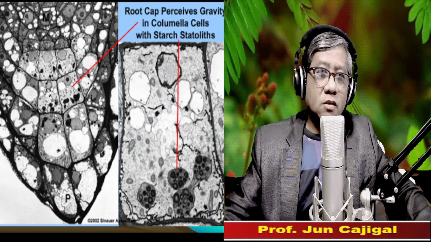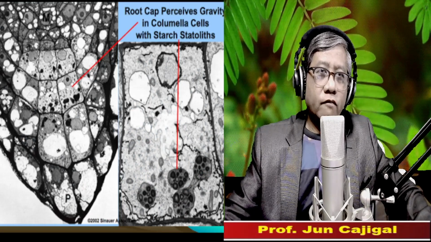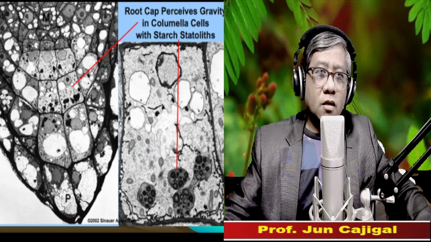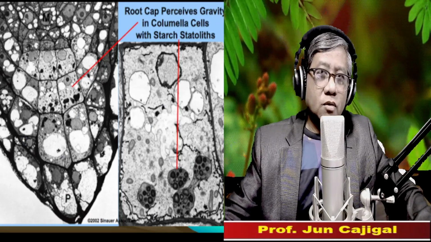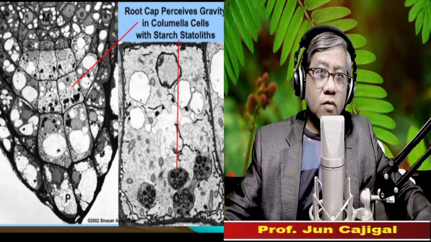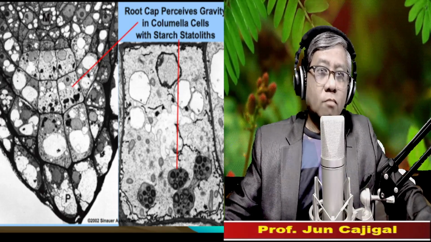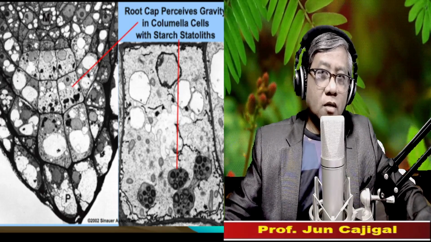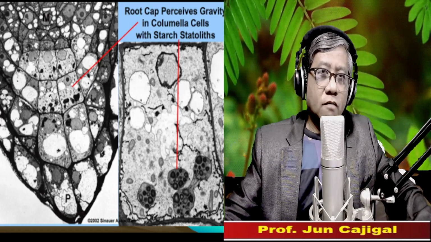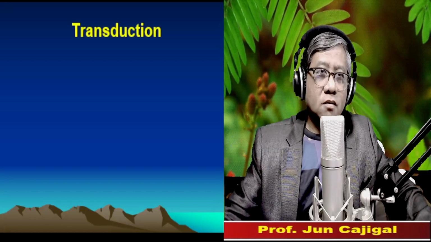So here is a photo of the root cap with the columella cells and starch grains. The starch grains respond to gravity by moving towards the inner and outer tangential wall of these columella cells.